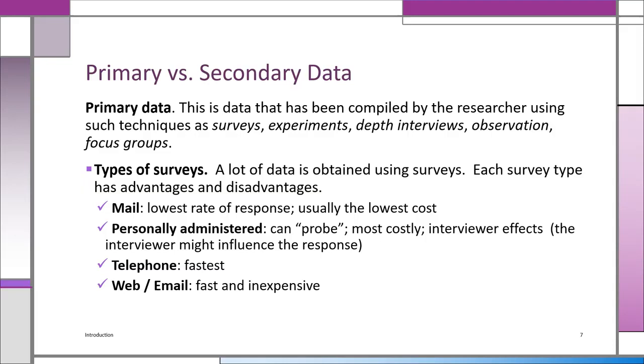And email is kind of next. It's not too far behind. So basically, you've got different types of surveys. You've got advantages, you've got disadvantages, and it's like everything else. You want to look at the objective of your study and figure out which way you're going to go.